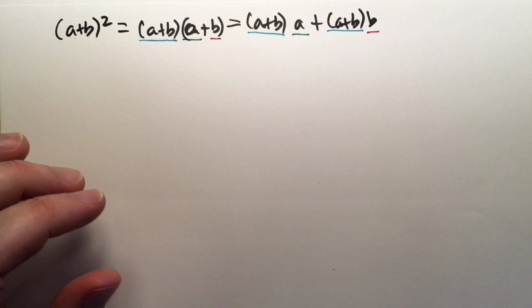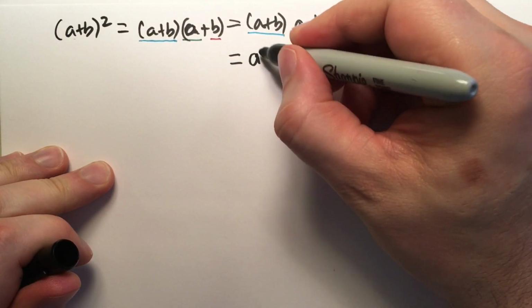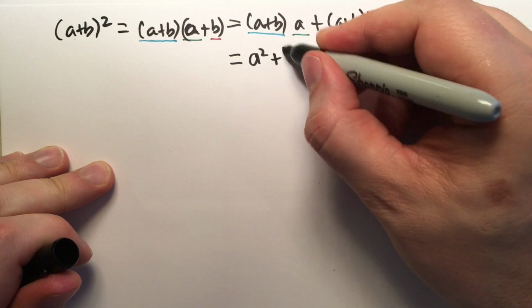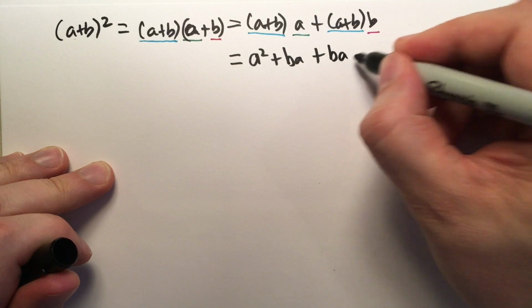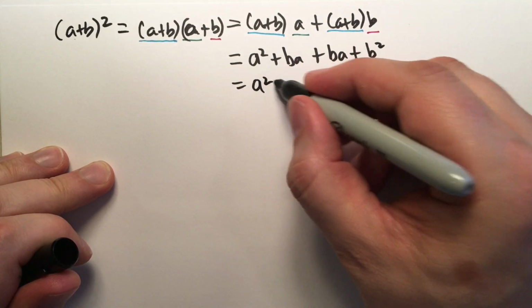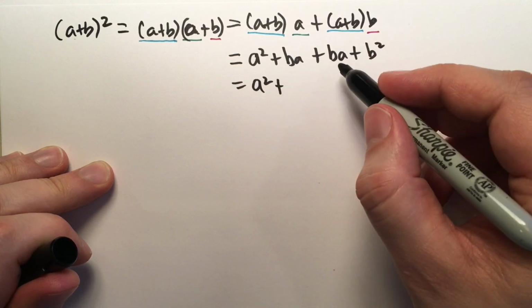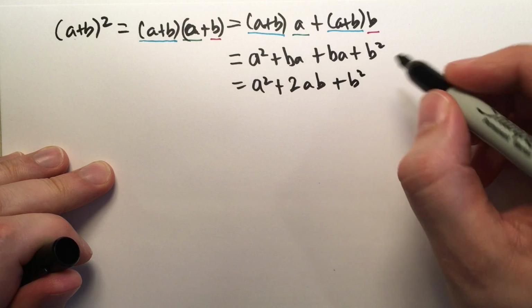Now let's distribute these again. So a times a is a squared, plus ba, plus b times a, plus b squared. So we're going to write that out as a squared plus, and we have two of these ba terms, 2ab plus b squared.